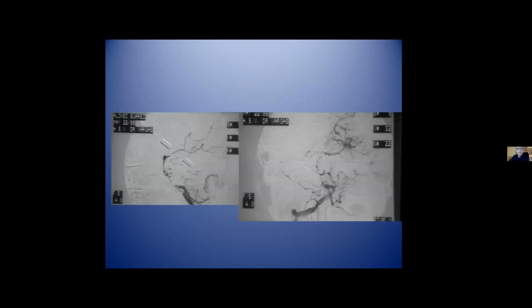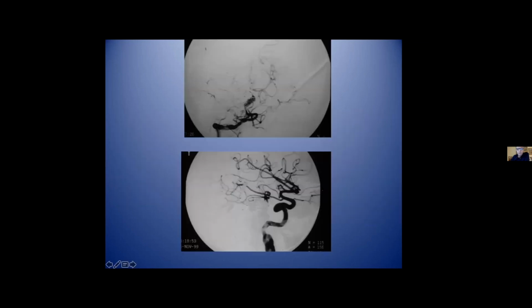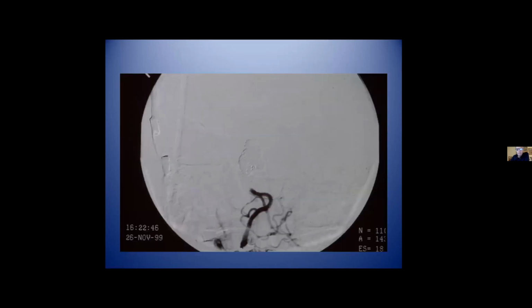I decide to treat it 1 year later with occlusion of the basilar artery. Occlusion of the aneurysm, also the basilar artery. This is the control. The patient lives today more than 30 years later.